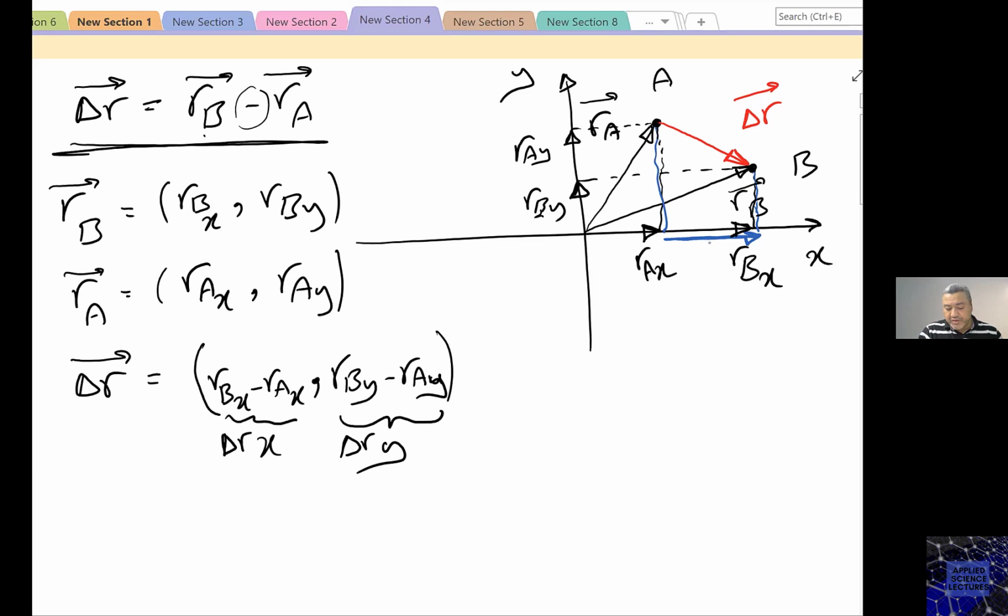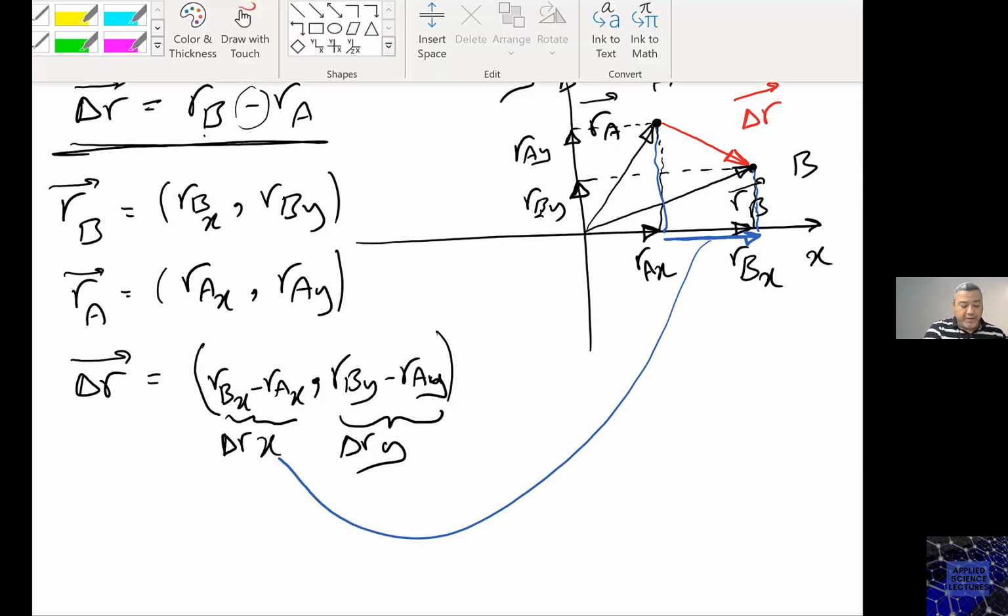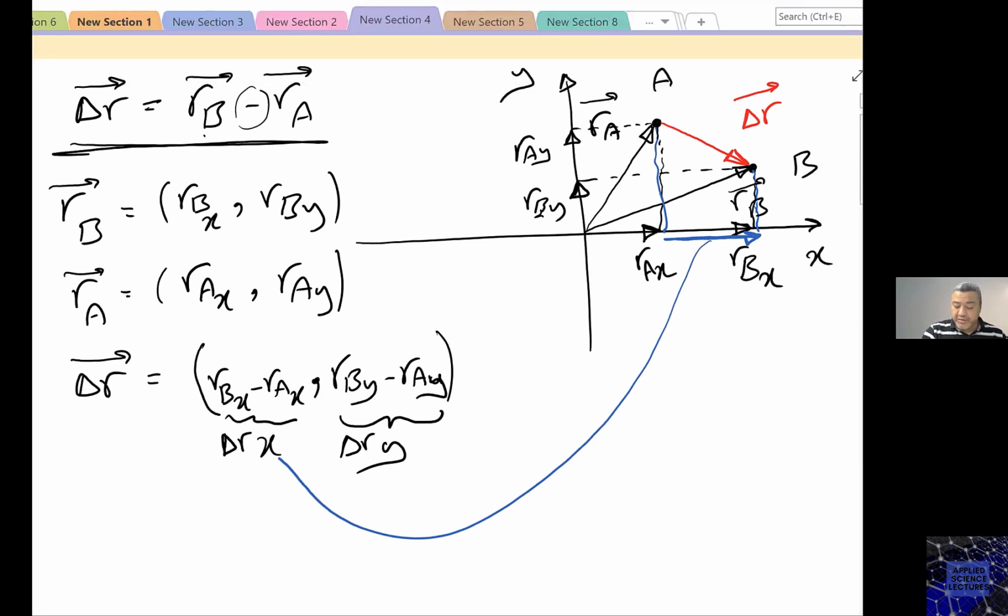So this one is delta RX, and the other one I'll make it in green. Notice the direction for the delta RY. Right? So this is now my displacement.